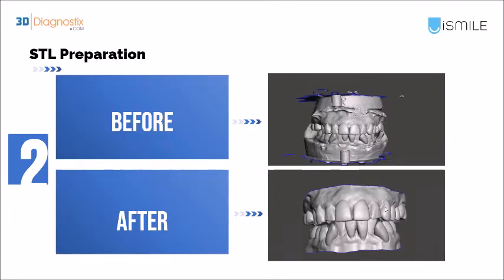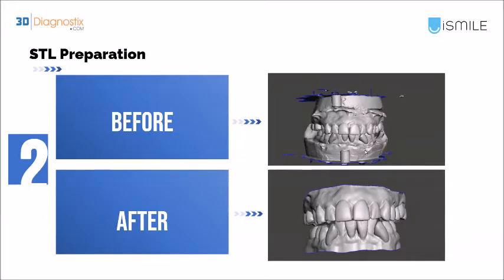Why? Because as a dentist, my eyes tend to see the bad parts of the teeth or the bad edges of the STL. So I need to remove them first before deciding if this STL is a good to go.